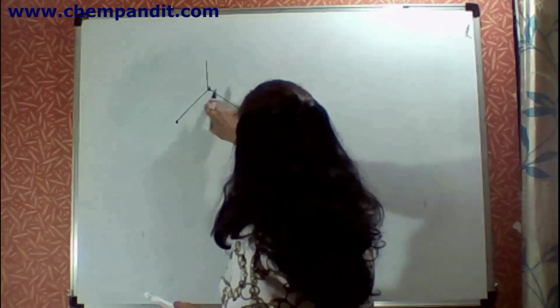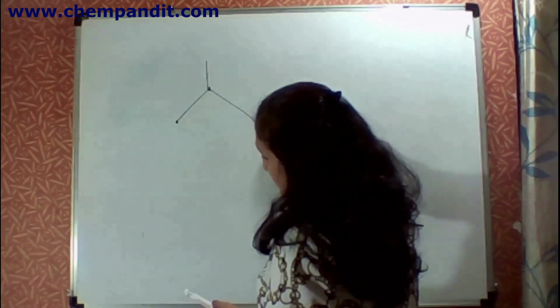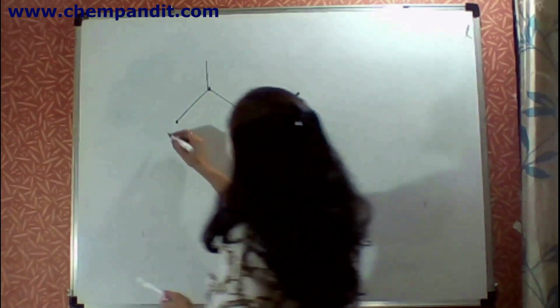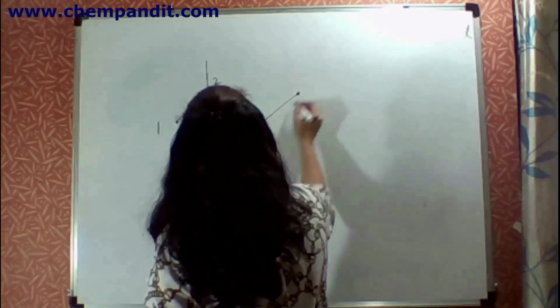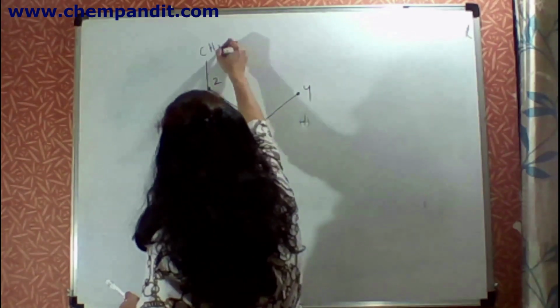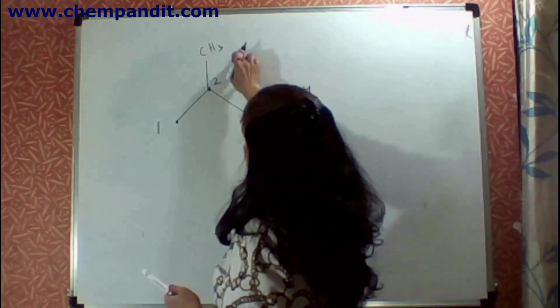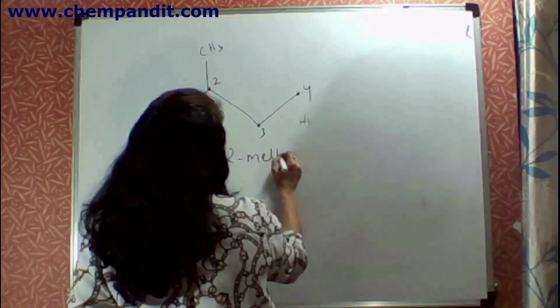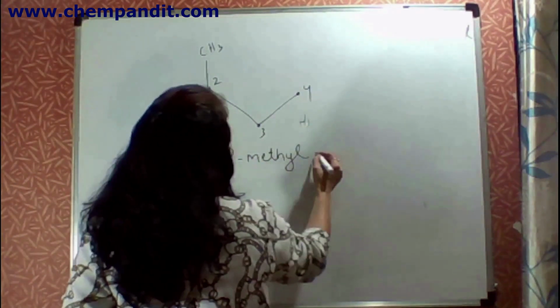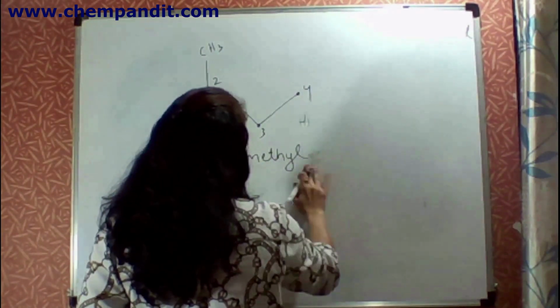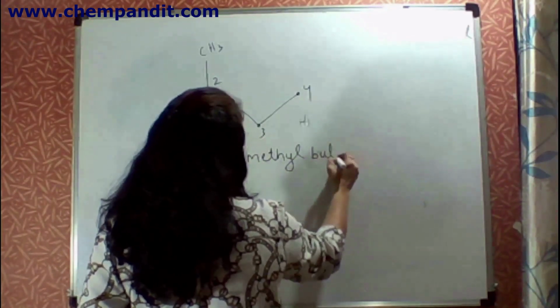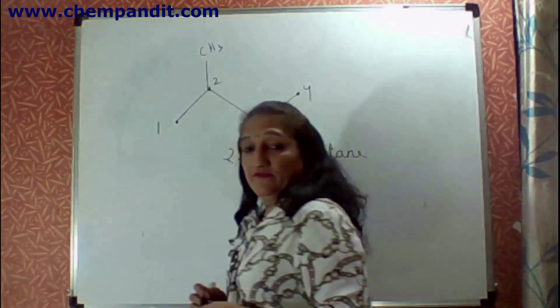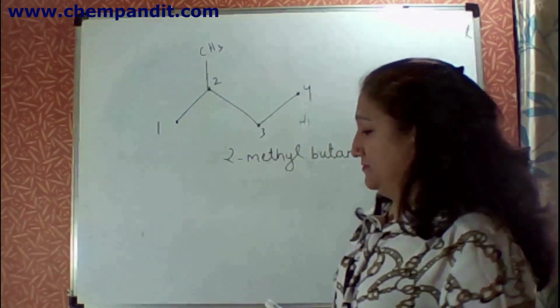If we take it 1, 2, 3, 4, this will become a substituent. Let's number it like this: 1, 2, 3 and 4. Now this is a methyl group, always remember. So now the name of this compound will become 2-methyl, and there are 4 carbons, all single bond. So 2-methyl butane. The name of the compound is 2-methyl butane.